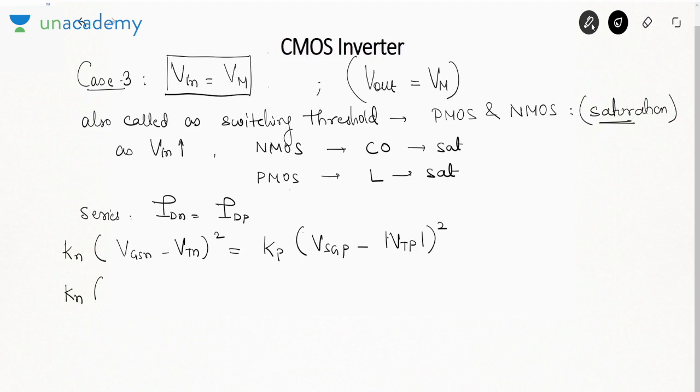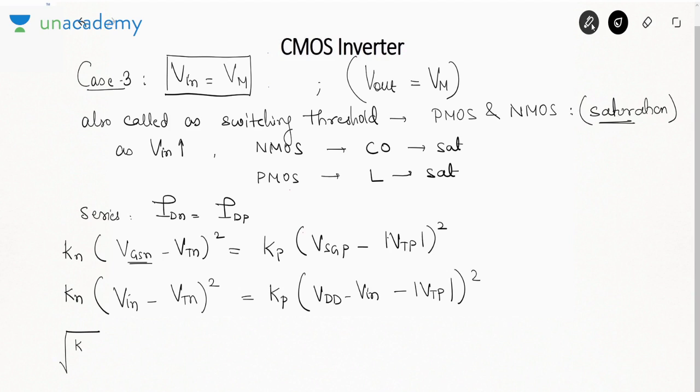Now we have defined in the first slide that VGSN is Vin minus VTN square. VSGP is actually VDD minus Vin minus mod VTP square. Now just take the square root on both the sides.